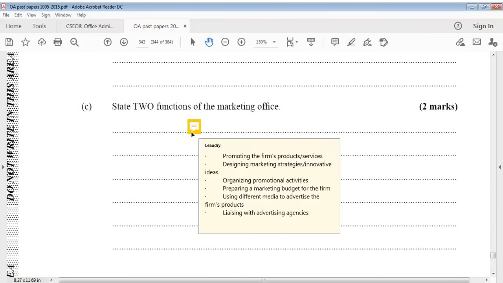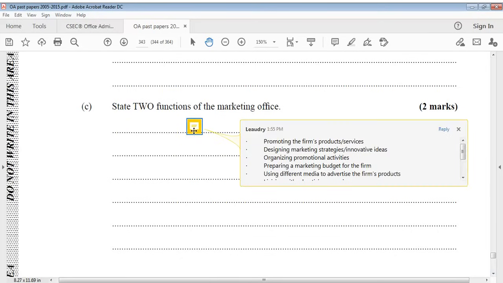State 2 functions of the marketing office. What are some functions of the marketing office? 1. Promoting the firm's products or services. 2. Designing marketing strategies or innovative ideas. 3. Organizing promotional activities. 4.